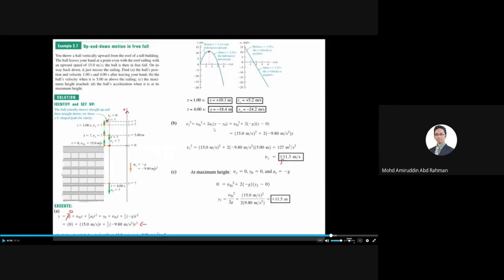Okay, because over here you are going to solve for what is your y. You know that your Vy will be 0 at the maximum height because it is at the peak, so you have a 0 speed.